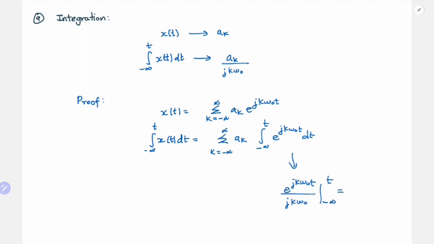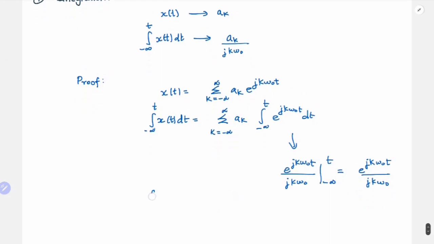When it is equal to t, it is the same, and when it is equal to minus infinity, this is going to go to 0. So this will be e power jk omega naught t by jk omega naught, and then this integral is equal to summation k equal to minus infinity to infinity a_k by jk omega naught into e power jk omega naught t, which is what we wanted.